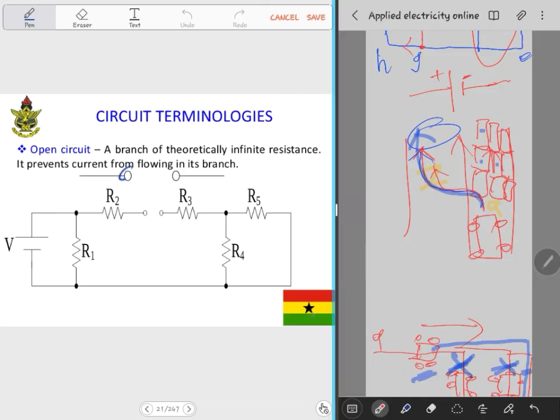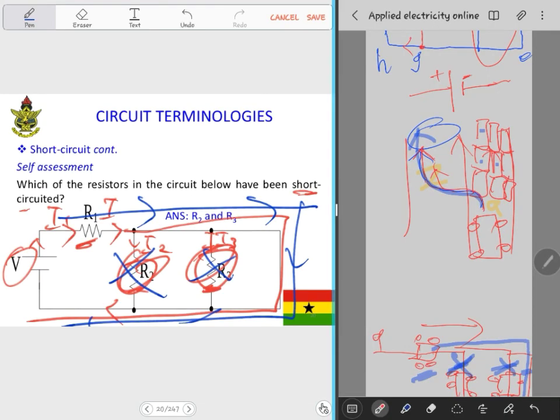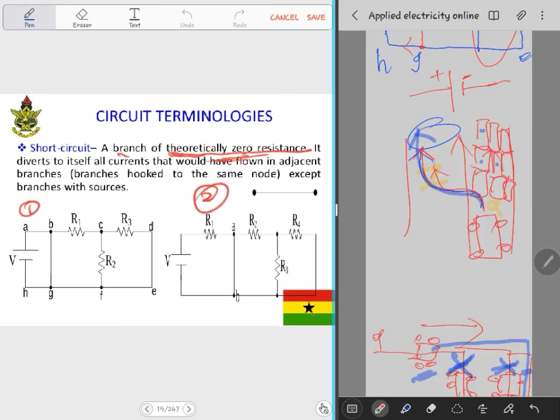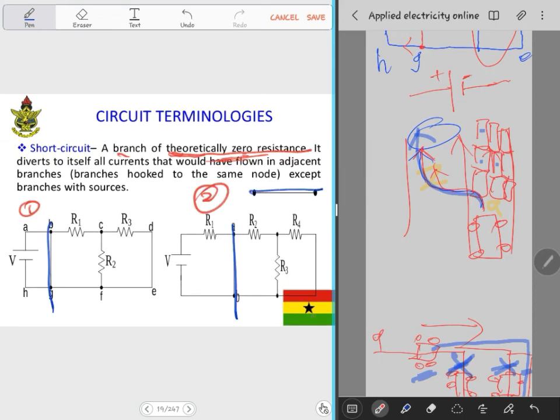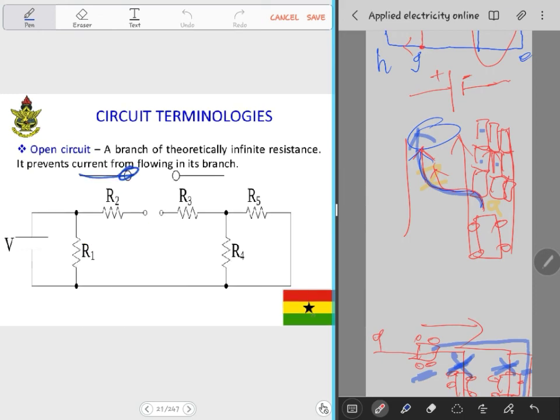So for the short circuit we just use a bar or a straight line, like in this case here, just a line, to show a short circuit. That's it. An open circuit is where we just open it, just like in this form. There are a lot of cars here, so you have to pass through a lot of cars to get through. If you are coming from this direction, from A to B, it will take you a lot of effort to pass here because that place is an open circuit.